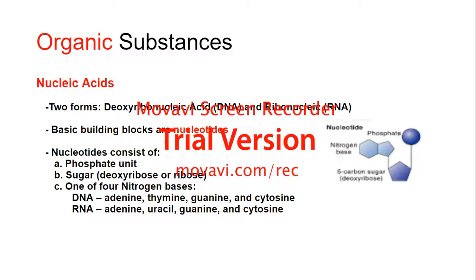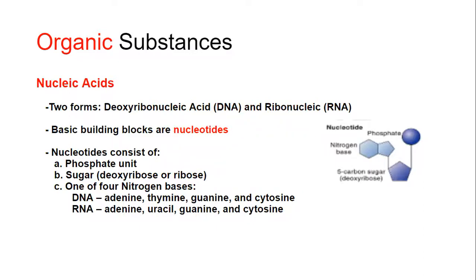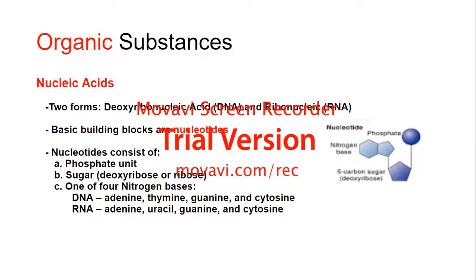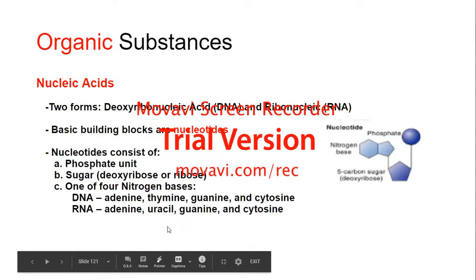If you ever see a U in that codon, in that triplet, you know you're dealing with RNA. If there are no U's and there are T's, you know you're dealing with DNA. Okay, when you're reading the triplets, the nitrogen bases, the codons.